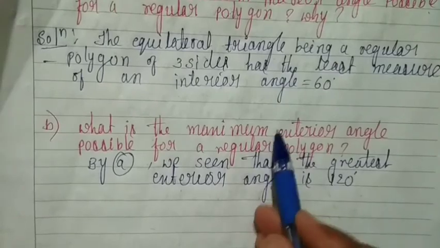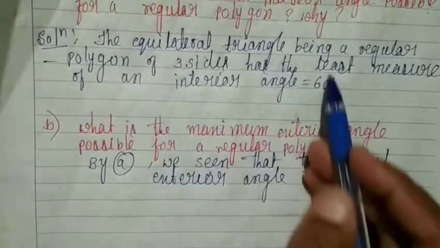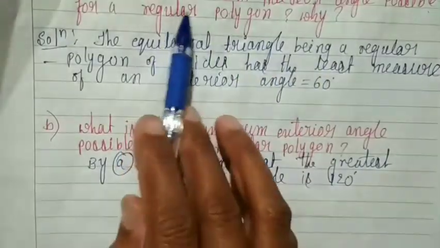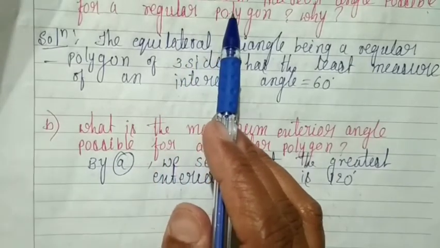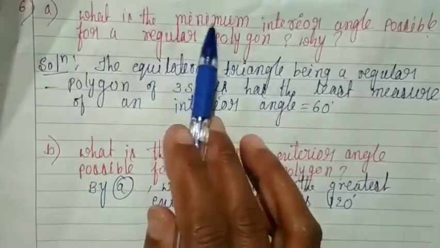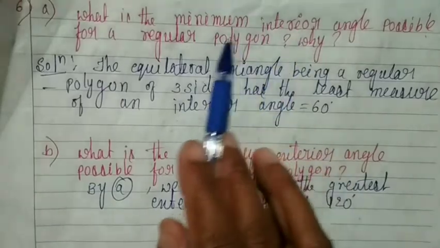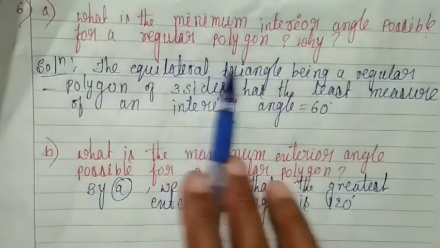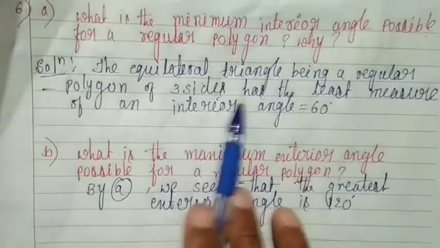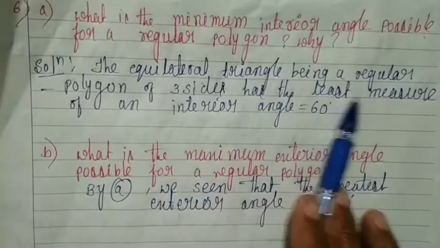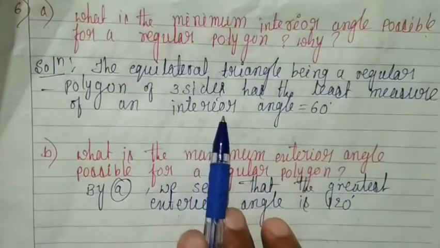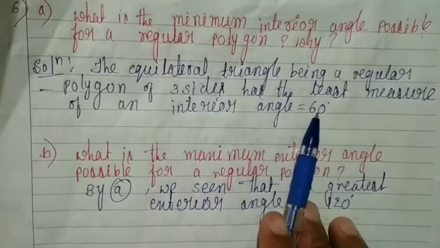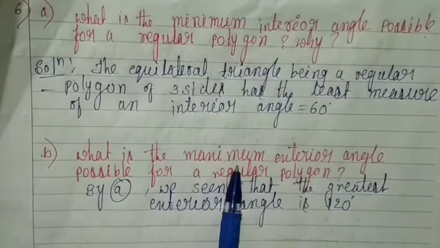Look at this figure. Dear children, look at this. The minimum interior angle possible for a regular polygon, means the equilateral triangle being a regular polygon of 3 sides has the least measure of an interior angle 60 degree. What is the maximum means?